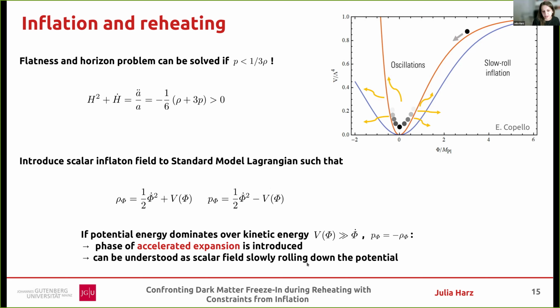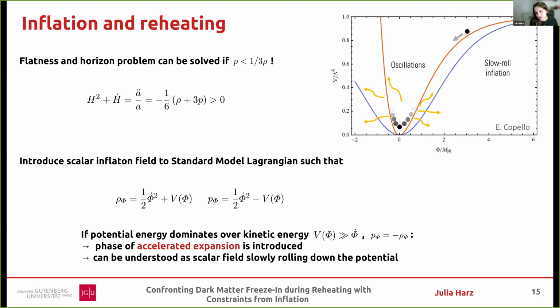This is why one says a field is slowly rolling down a potential. And as this is positive, we generate a phase of accelerated expansion before the radiation domination that we've just seen.